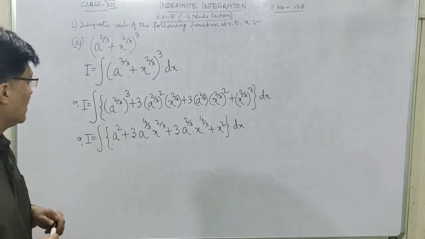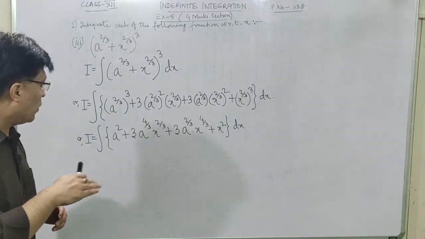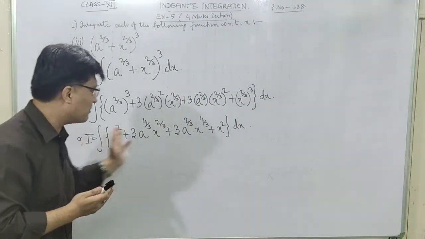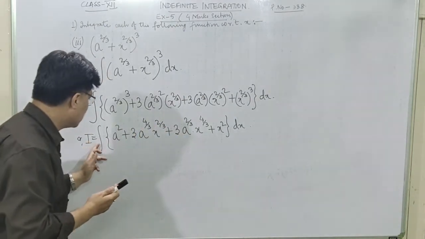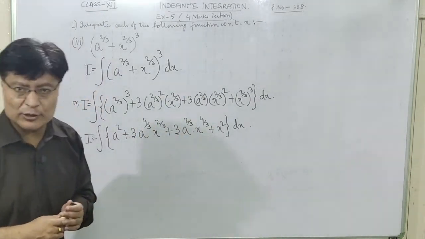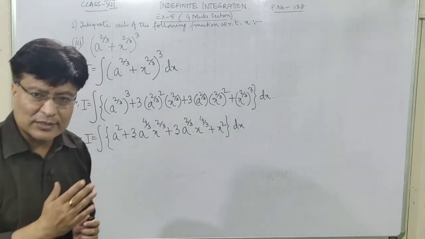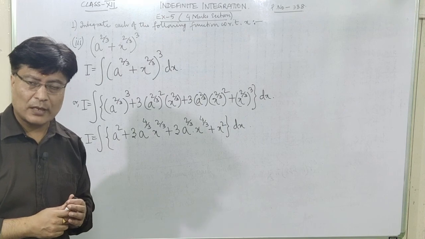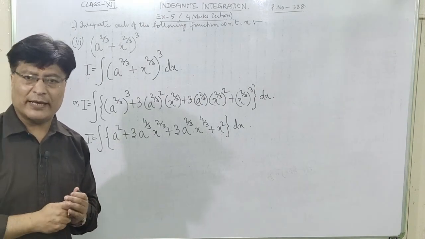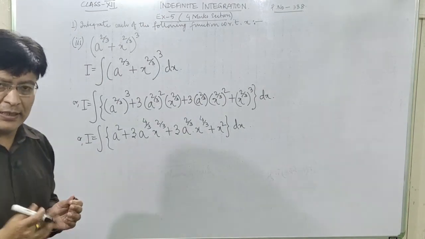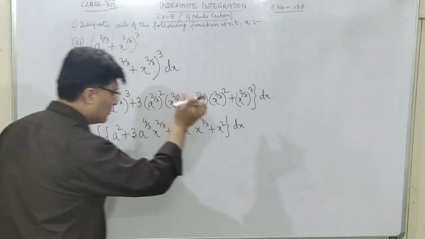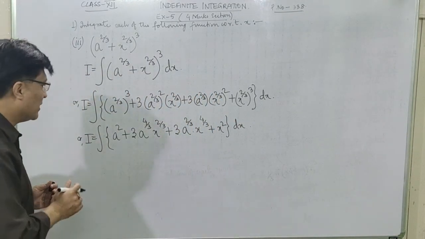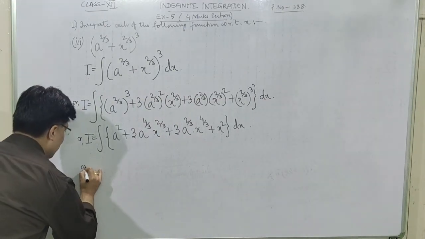Okay. So what will you do in the next step? In the next step you have to separate the terms. You have to separate this integral sign and dx also. And the constant term should be written outside the integration sign. The term which is free from x is known as constant. And here the variable is x, that means we are integrating with respect to x. So let us separate it.